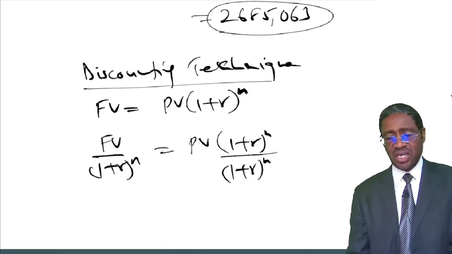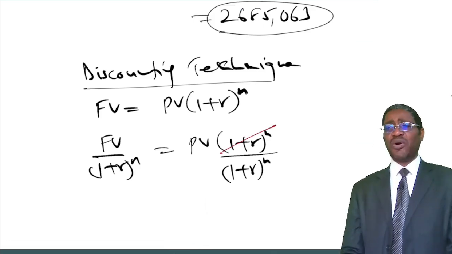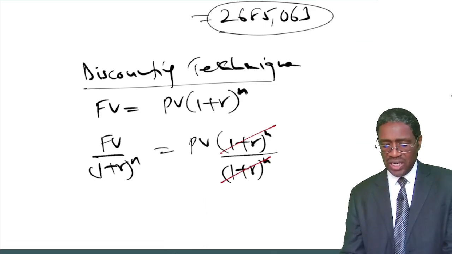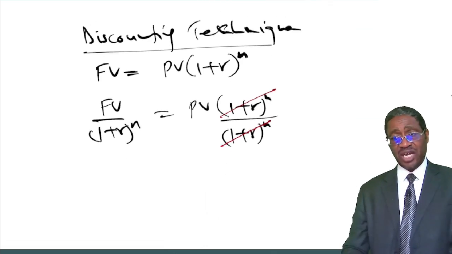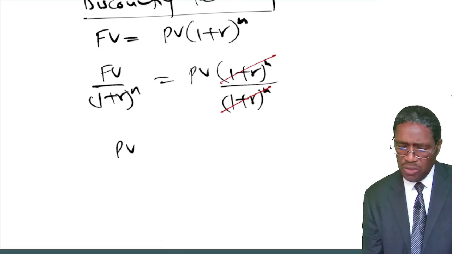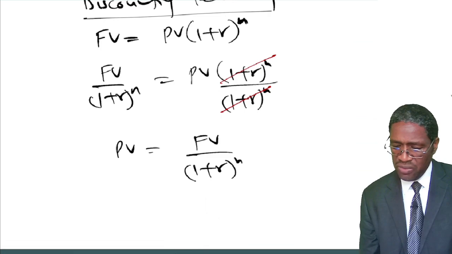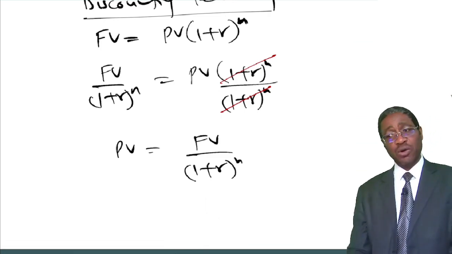You can see now that if I do that, this 1 plus r to the power of n will go against that. This will automatically leave me with PV equals future value divided by 1 plus r to the power of n.